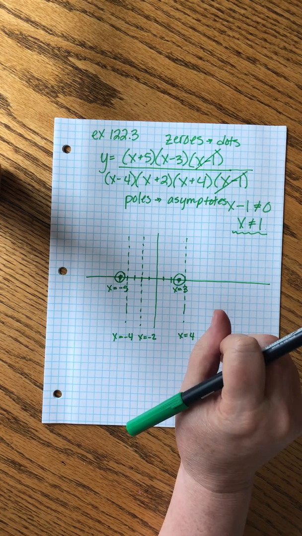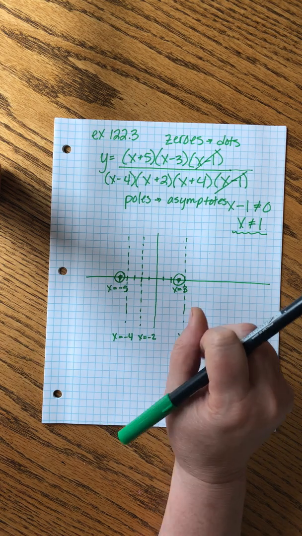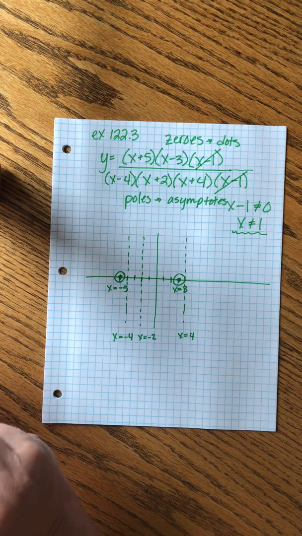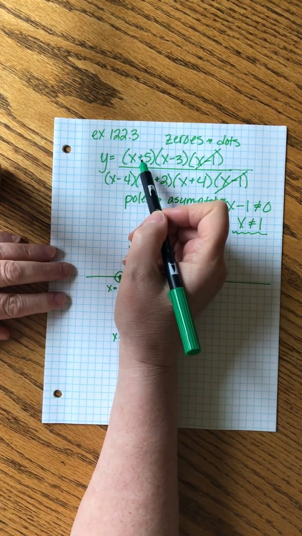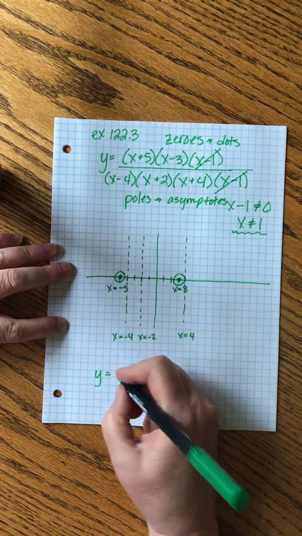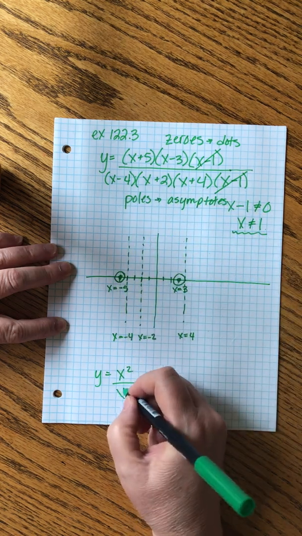We can see that if we just look at the largest degrees of our terms, we'll have y equals x squared over x to the third.